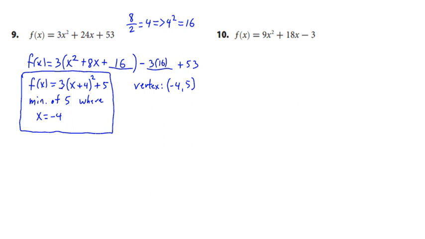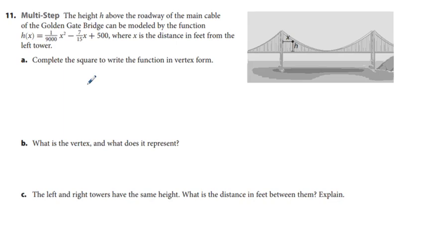Okay, the last problem we're going to look at in this exercise set is this real world problem. Multi-step. The height h above the roadway of the main cable of the Golden Gate Bridge can be modeled by the function h of x equals 1/9000th x squared minus 7/15th x plus 500, where x is the distance in feet from the left tower.